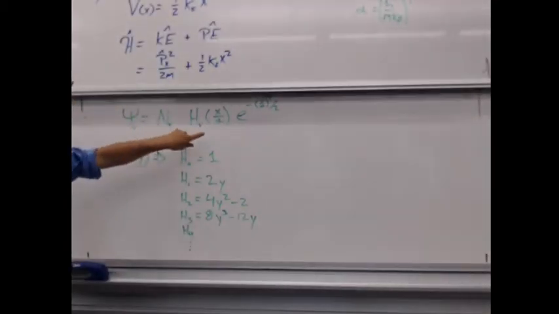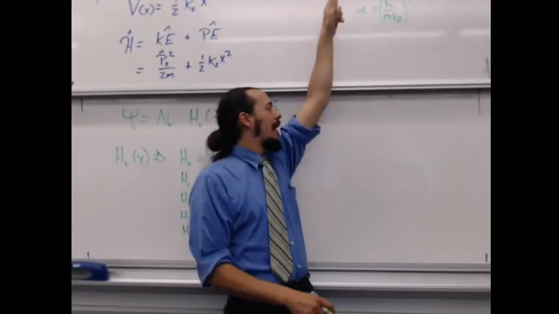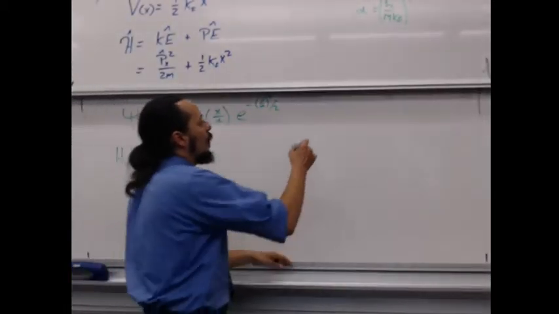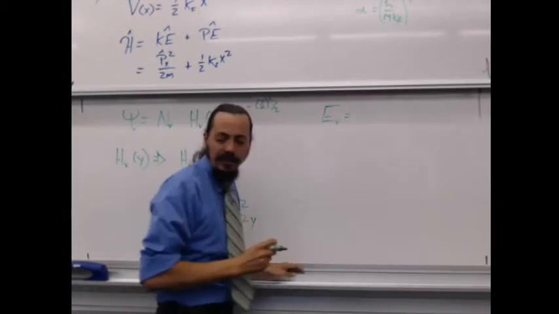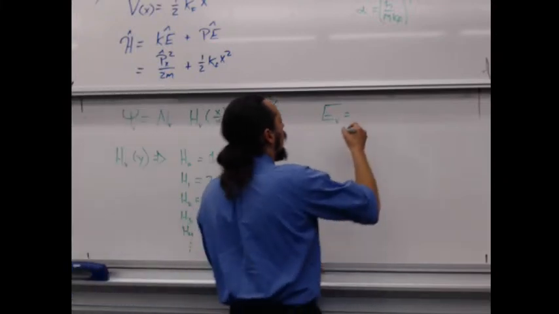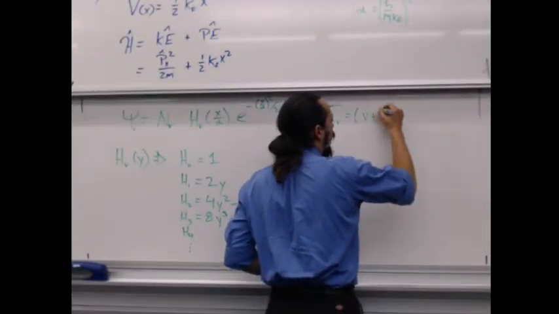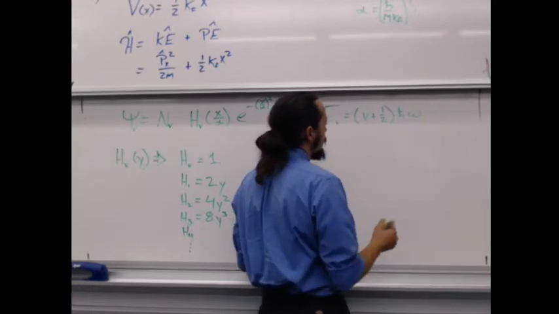If we plug this function into our Schrodinger equation, our Hamiltonian, we will also get an energy term, which also depends on v. And that is going to be v plus 1/2 times h bar omega.